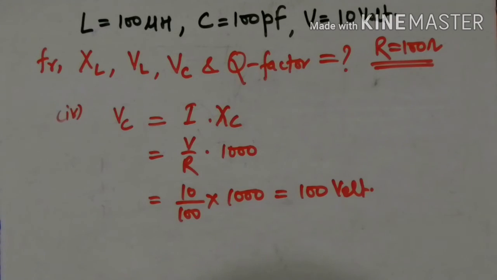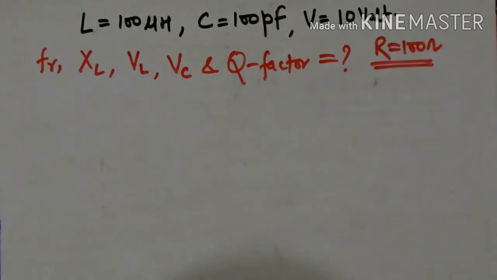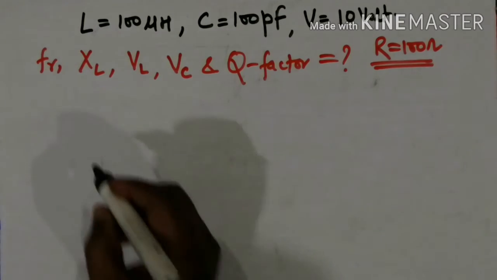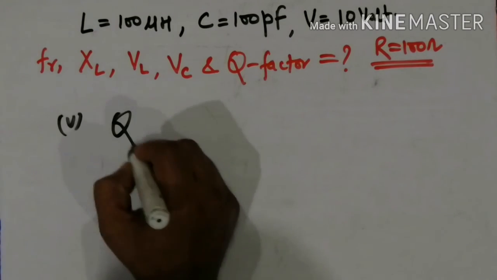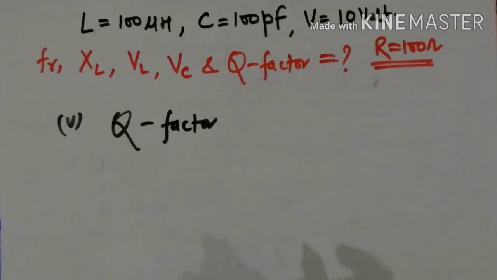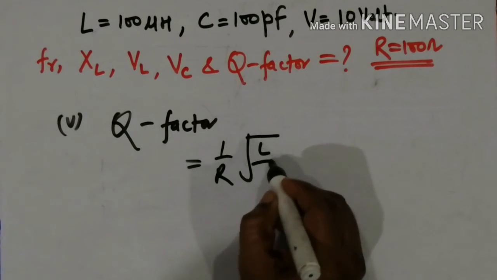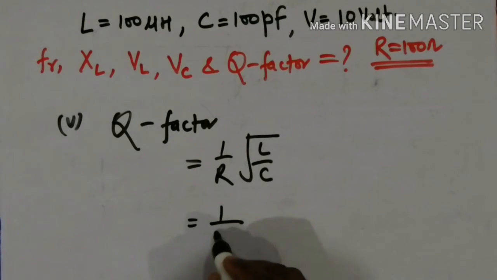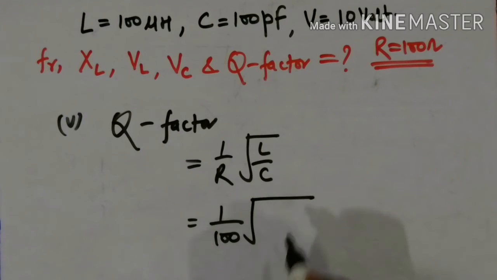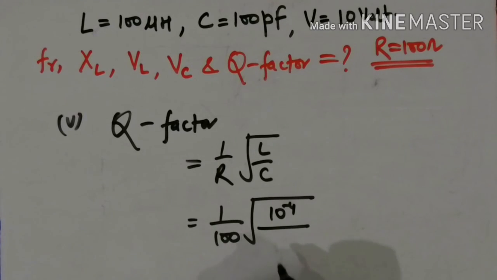Now the last part of this question, that is quality factor. What is the value of quality factor? It is 1 upon R under root L upon C. It is 1 upon 100 under root L, that is 10 to the power minus 4, C, that is 10 to the power minus 10.